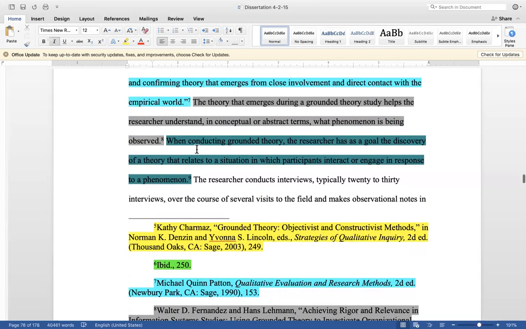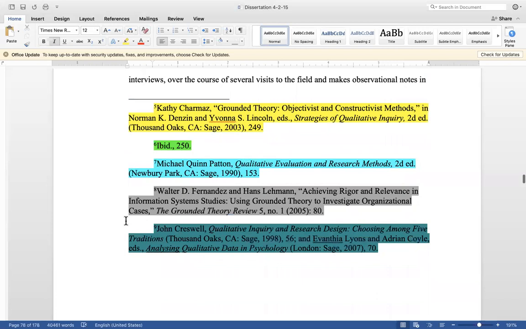The next thing we're going to do is look at the sentence that goes with this footnote. Again, the student is indicating, I got this information from outside of my own brain. So let's look at footnote number 9. The student has indented. The student has said, I've got information from John Criswell, and in this one footnote, number 9, I've gotten information from Lyons and Cole's book.